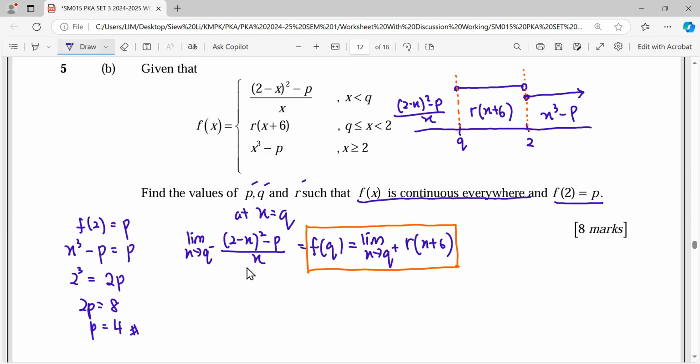Try to substitute. 2 minus q square minus 4 over q. Evaluate your limit, substitute your q.